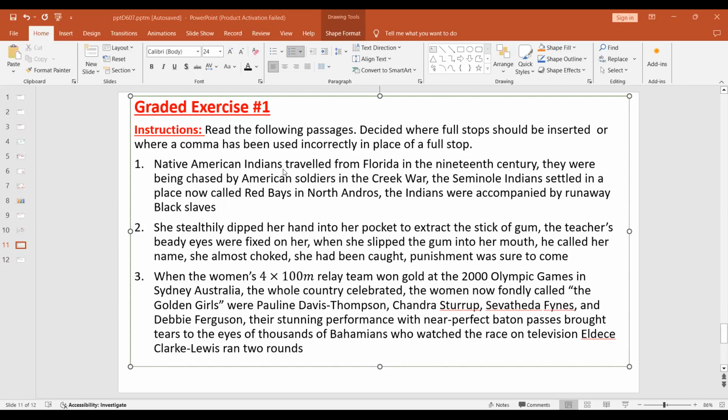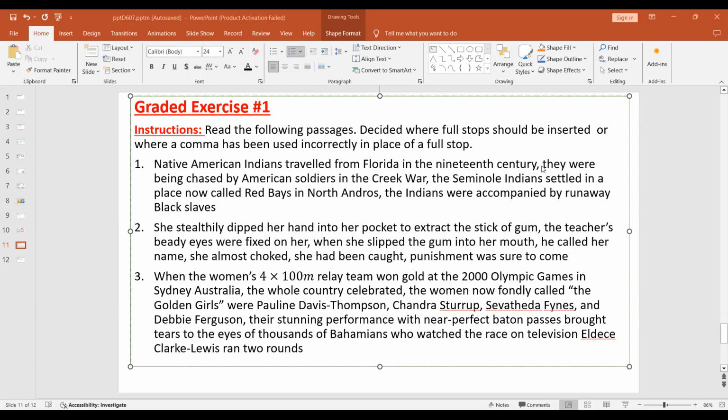So you say Native Americans traveled from Florida in the 19th century, and they were being chased by American soldiers in the Creek War. And you put a period here. I put a period right there where the mouse is. Yeah, that could work. You could put an "and" after the comma. You keep the comma though. Yeah, you have to keep the comma.